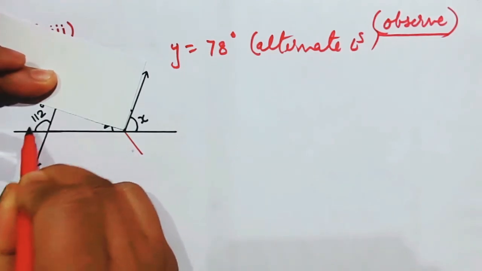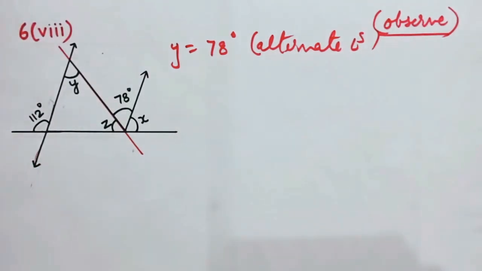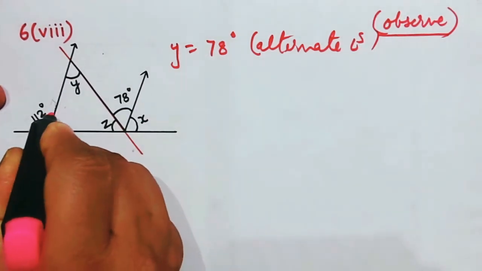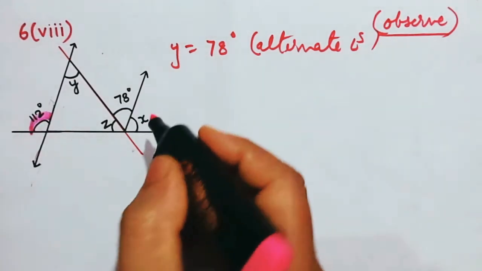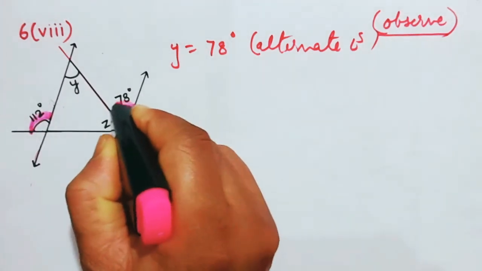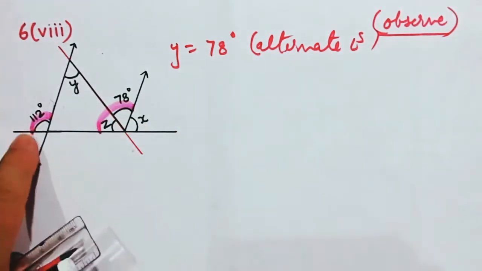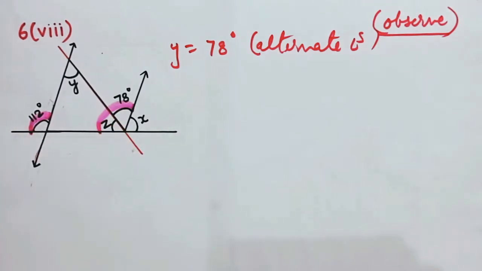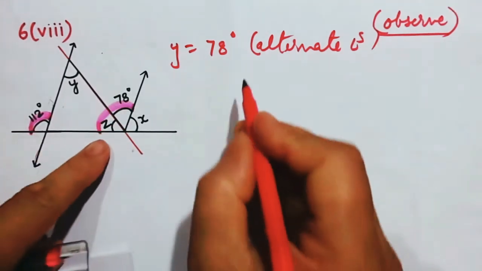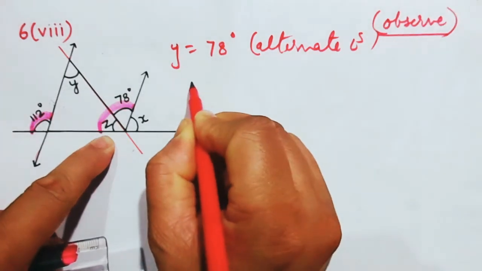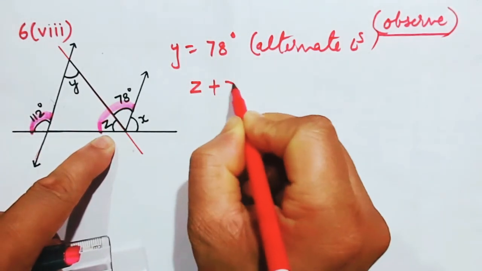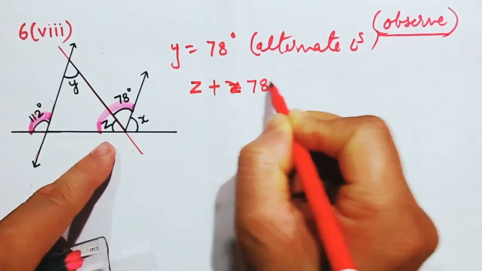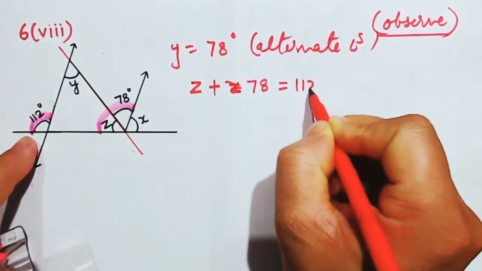Therefore 112, this means I am talking about this whole angle will be equal to this whole angle, because they are corresponding angles. Means 112, or you can say z plus 78 will be equal to 112 degree.